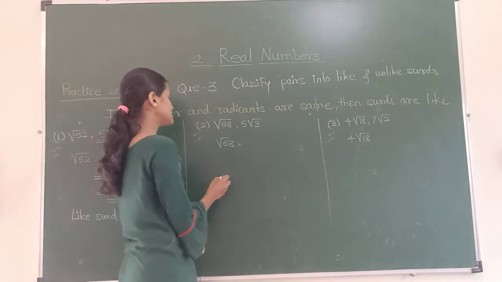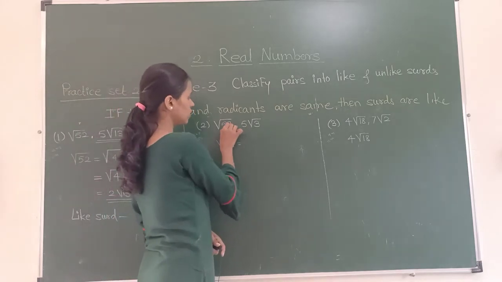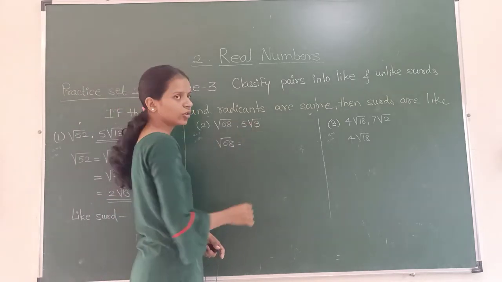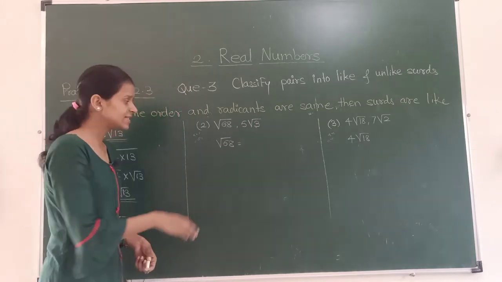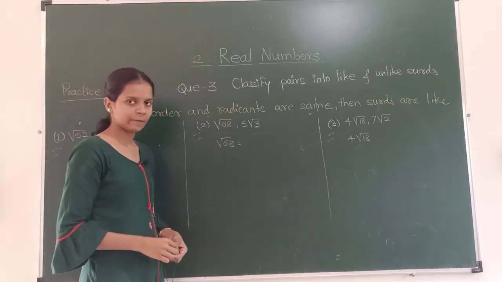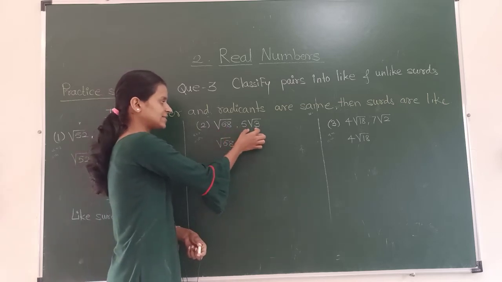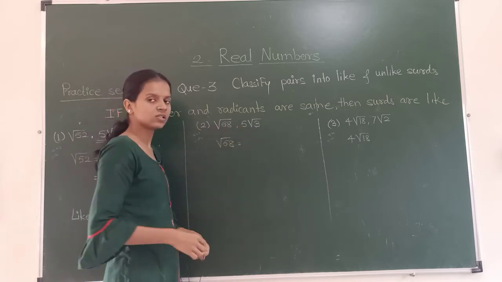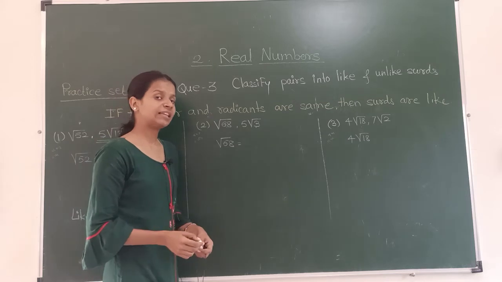Now we will move towards the second example. It is under root of 68 and 5 under root of 3. We have to further simplify this, to see whether the radicands are the same. We can see the order is the same, here it is 2 and here it is also 2, but we have to check the radicands.